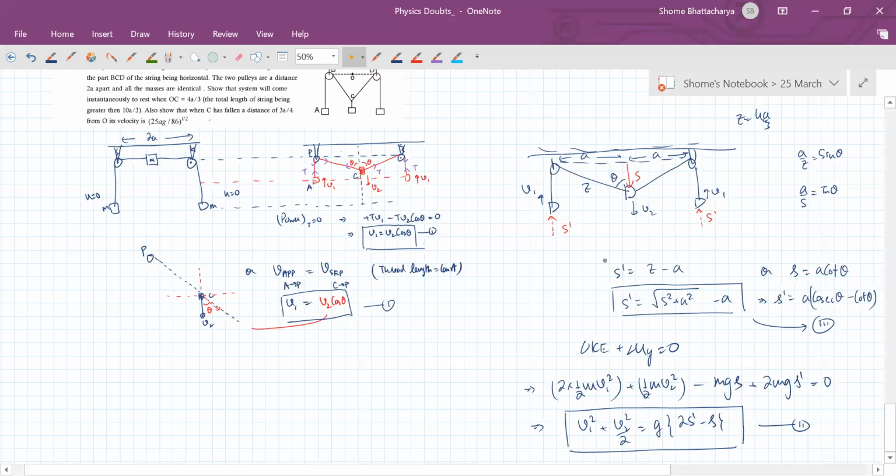Or we can just substitute directly over here that in this equation, Z is equal to 4a by 3 means S prime is equal to a by 3. Okay, and S we can just get like this.